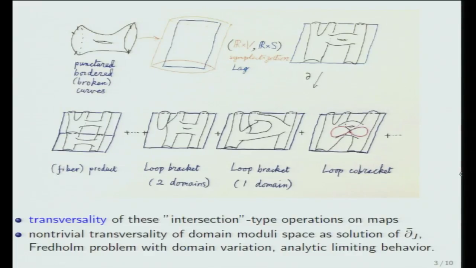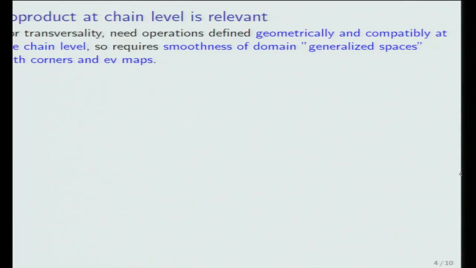And here there are two transversality issues at play. One is this intersection type of operation on the evaluation maps, which is not transverse as it is. There's also a very non-trivial transversality problem for the domain moduli space. They are solutions of the Cauchy-Riemann equation, which is a Fredholm problem with domain variation and analytic limiting behavior. So it's very bad in general.